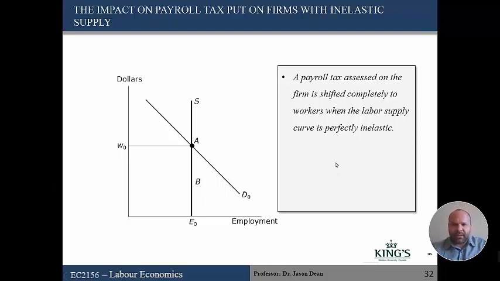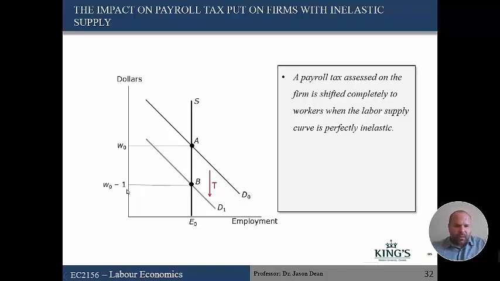So a payroll tax assessed on a firm would then be shifted completely to the workers, right? So let's think about what would happen. If we have the tax imposed, that would shift the demand curve down. But the new equilibrium wage would be W0 minus 1. Let's assume the tax is 1. That's where that 1 is coming from.